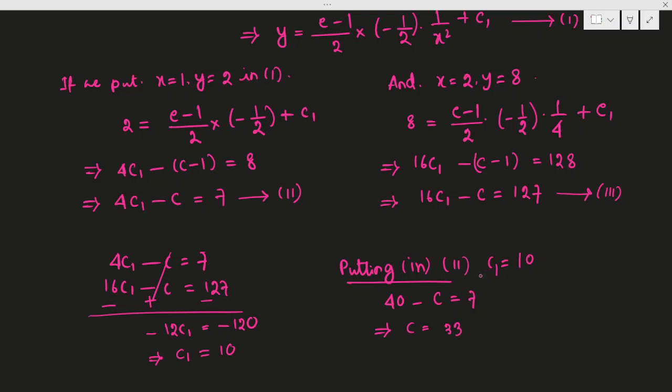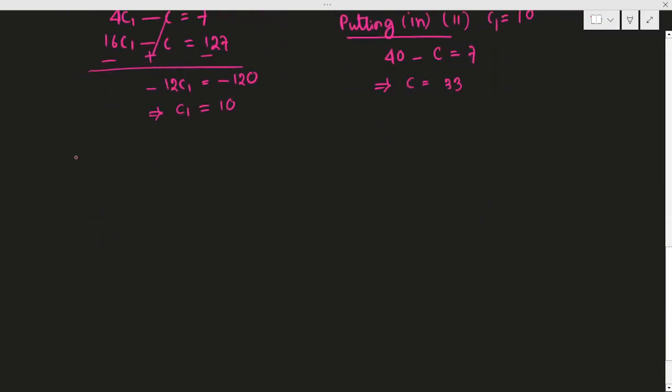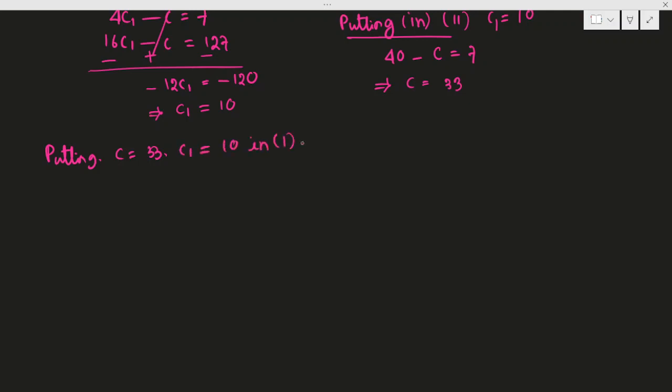Now if we put the values of c and c1 in this equation, we get y. So putting c is equal to 33, c1 is equal to 10 in 1, what we get? We get y(x) is equal to c into minus half of 1 by x square plus 10.